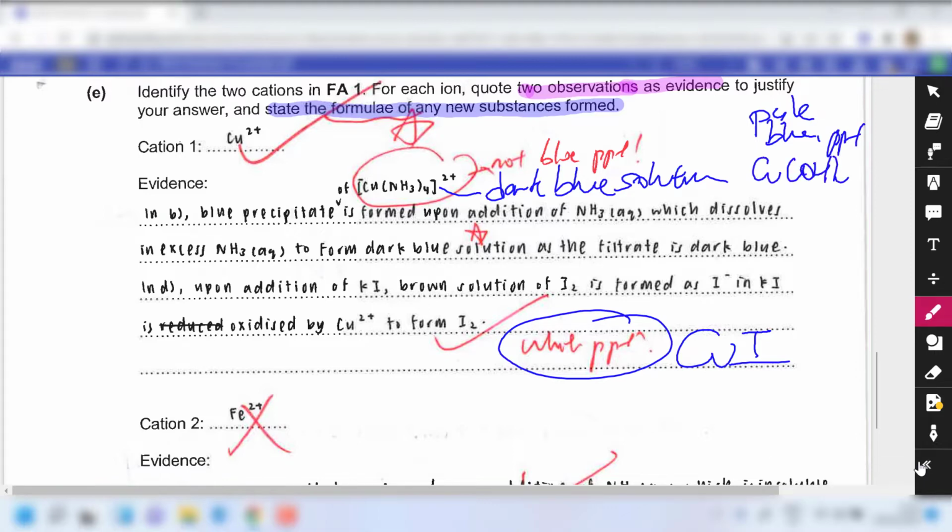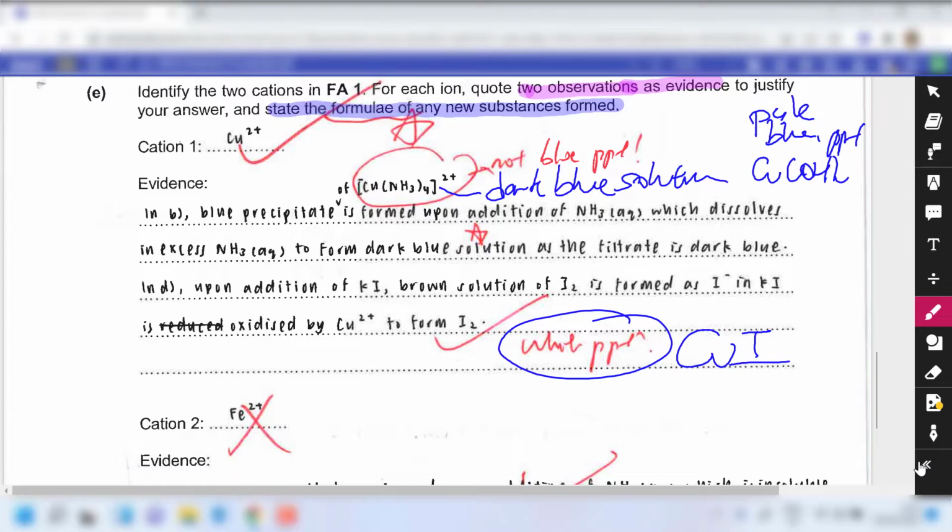You should write it in, because it showcases that indeed a complex equilibrium is being taken from the hydroxide to the tetraammine copper 2 complex and hexaaqua copper 2 as a complex in the aqueous solution. So these are the evidences which you can quote.